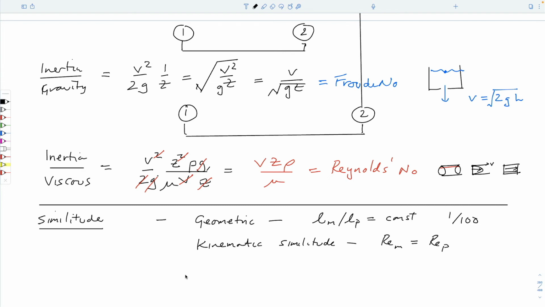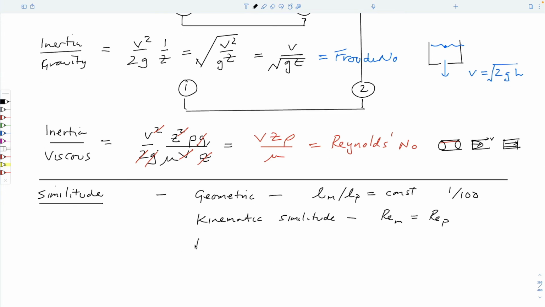And then finally, dynamic similitude. The top one's similitude as well. And that is that the Euler number of the model is equal to the Euler number of the prototype.